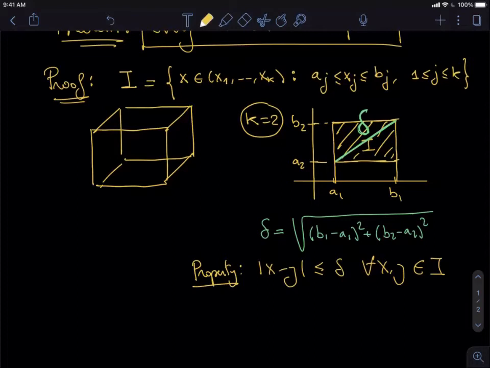In the book, you can see they define the diagonal of the rectangular prism. So it's a more complicated expression, but the idea is the same.